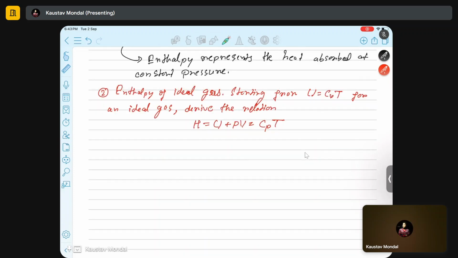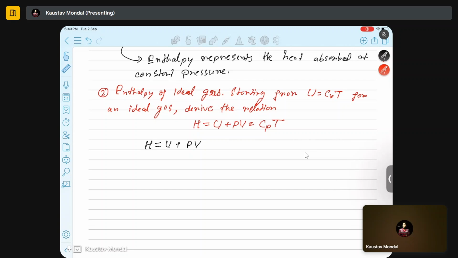So anyways, yeah, we will do that. In order to do that, first let me write the known expression of enthalpy, that is H equal to U plus PV.